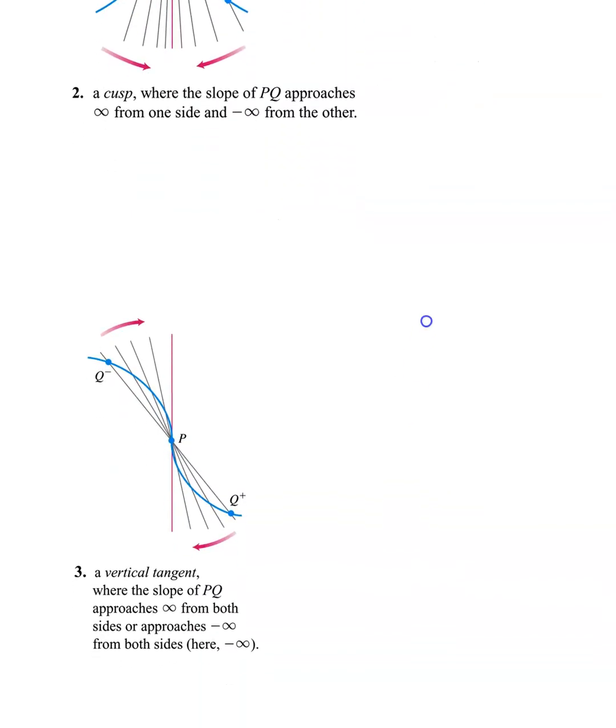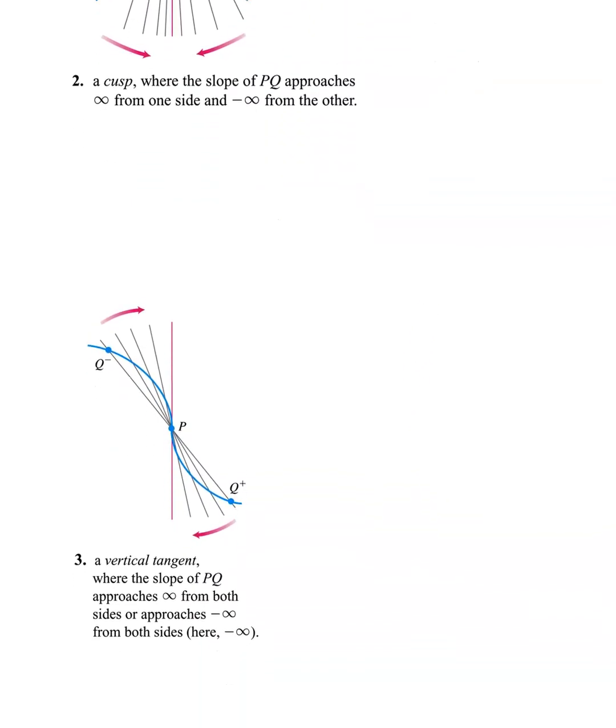Then the next condition is the vertical tangent situation. Here too, we have a vertical tangent, meaning the tangent line is a vertical line itself. We know the slope of a vertical line is undefined. If you think about the derivative, the left-hand derivative and the right-hand derivative will be the same, meaning they both will be plus or minus infinity, but it's not a finite limit.